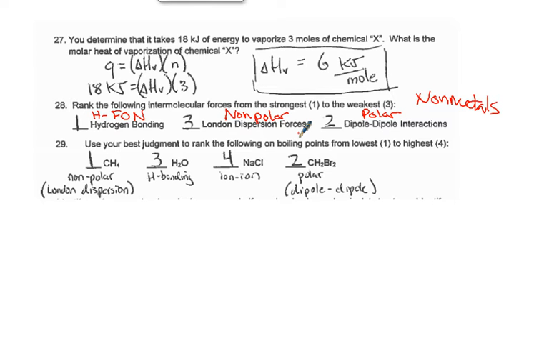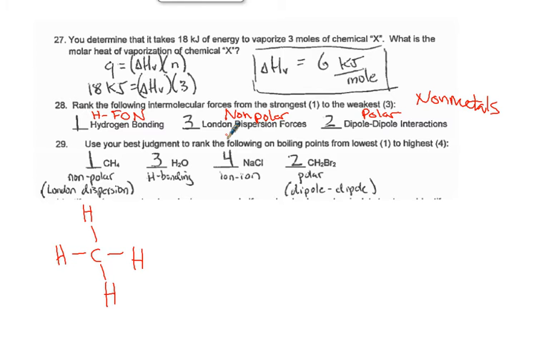Which leads us to number 29. At number 29, we probably need to draw some Lewis dot structures. CH4, carbon with 4 hydrogens. This would be non-polar. You have extreme symmetry here, and there's no extra pair of electrons. So the only thing left would be these London dispersion forces.